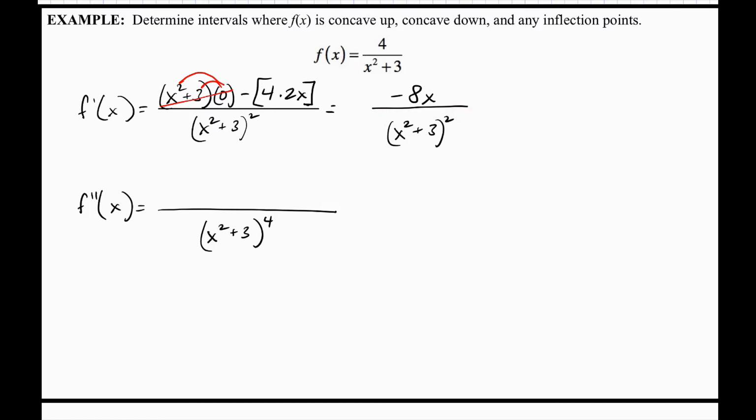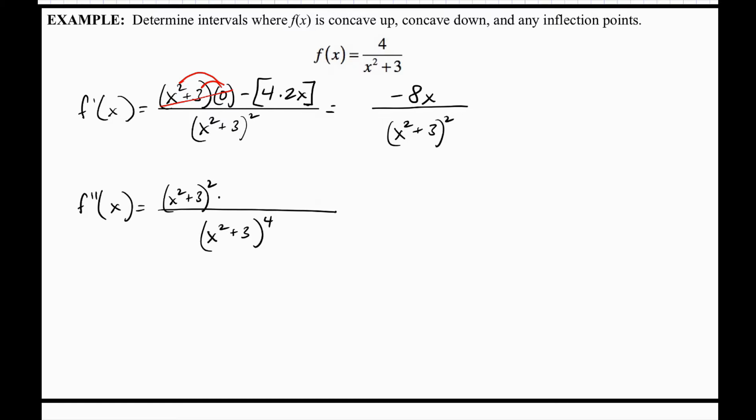Same thing, low d high. I just need the low first. So it's x squared plus 3, squared, times the derivative of the top.